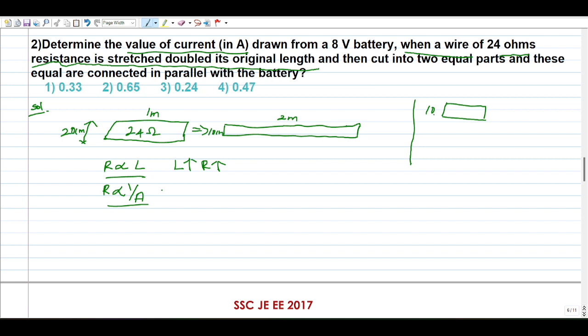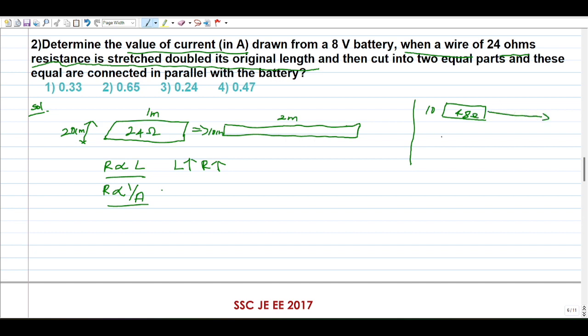The width is reduced almost to half, so its resistance value also gets doubled. So it is 48 ohm. During this time, the length is also increased, that is doubled.